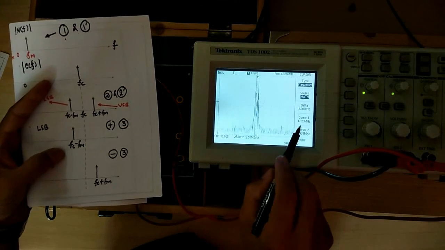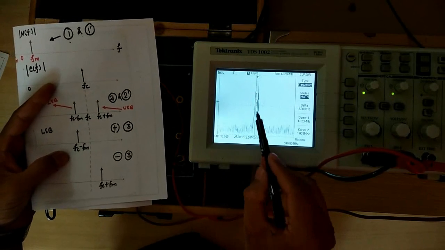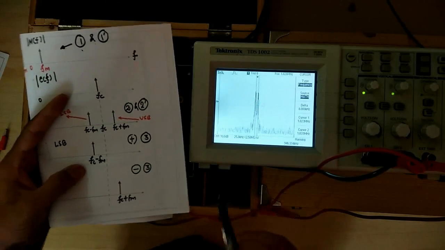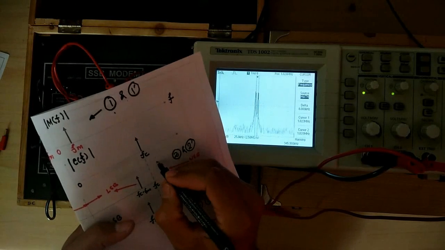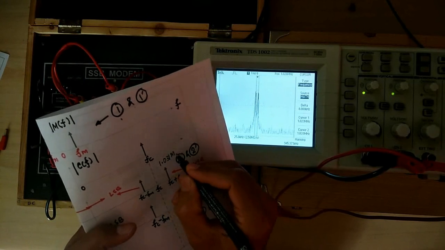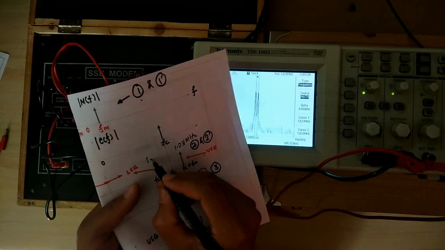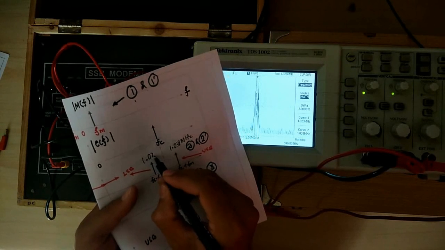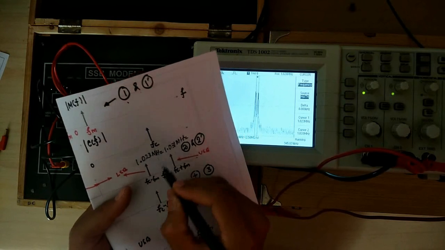So the lower sideband is 1.023 megahertz and the upper sideband is 1.031 megahertz. So the spectrum is what? Upper sideband is 1.031 megahertz and lower sideband is 1.023 megahertz.